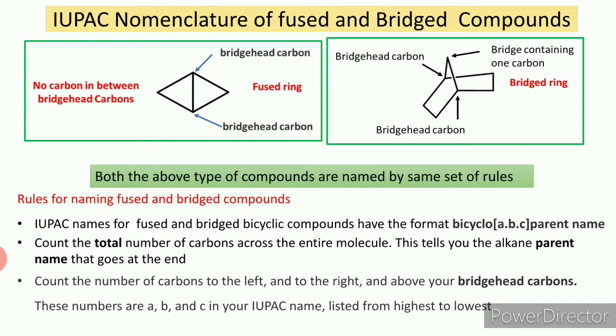The format for naming fused and bridge compounds is bicyclo, square bracket A dot B dot C square bracket, complete parent name. We'll understand these rules one by one with examples.